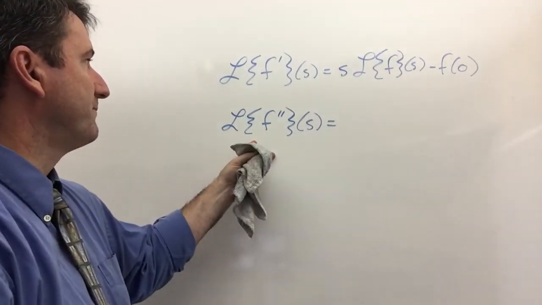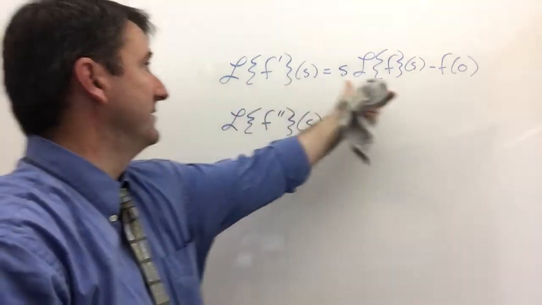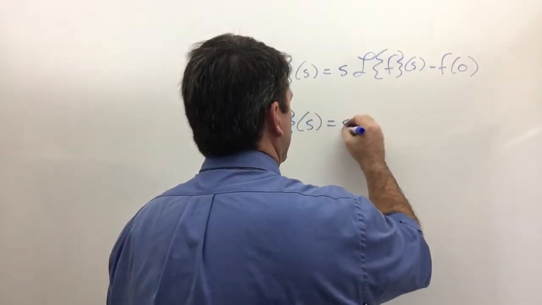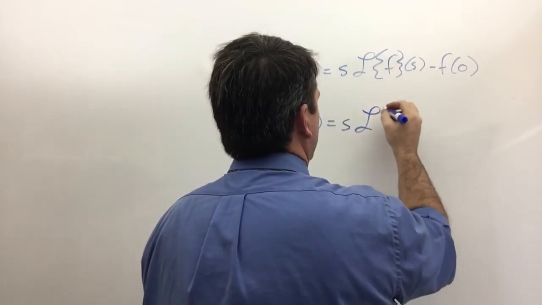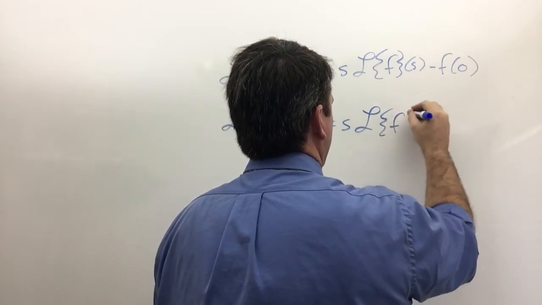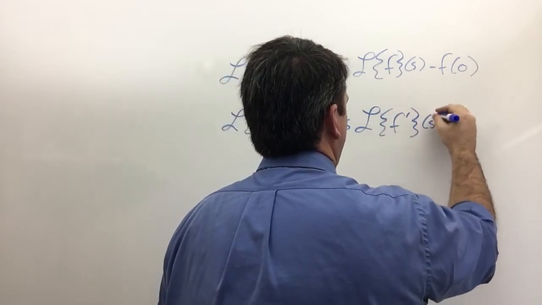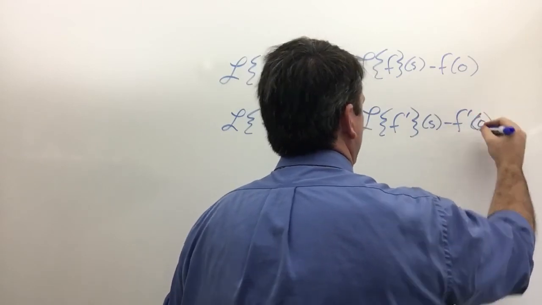Well, the second derivative is just the derivative of the derivative. If this is the derivative, then let's take the derivative of the derivative function. So it's s times the Laplace transform of f prime, minus f prime of 0.